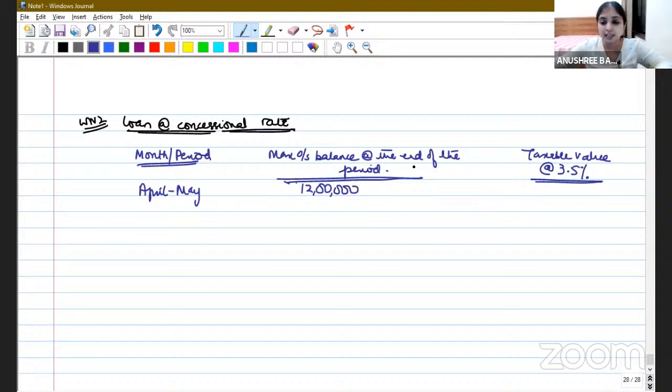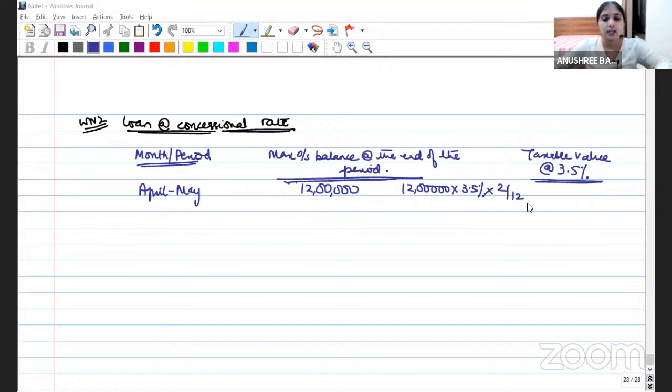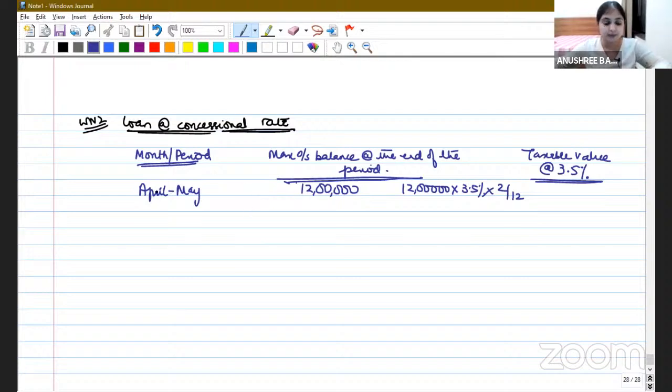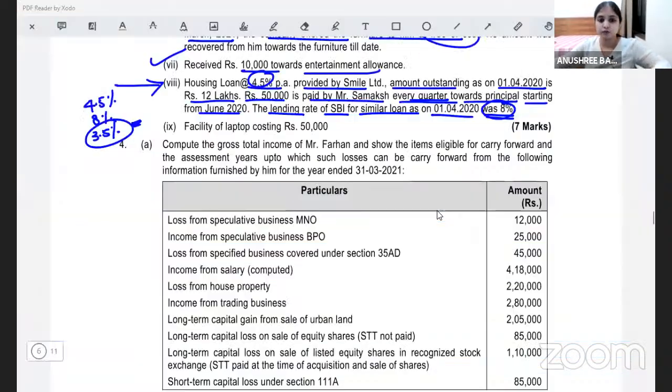Now, how to calculate the taxable value of perquisite? 12 lakhs into 3.5% into, for how many months are we calculating? Only for April and May. So 2 by 12. Are you understanding? You will basically see what is the amount outstanding at the end of that period. April and May, we did not repay anything. So full 12 lakh is outstanding. 12 lakhs is the amount of the loan.